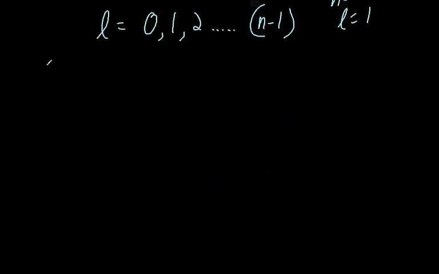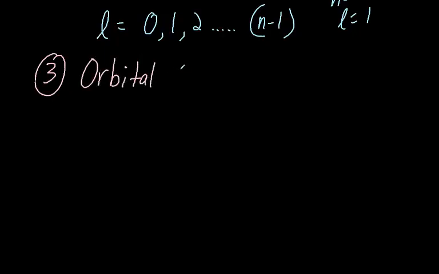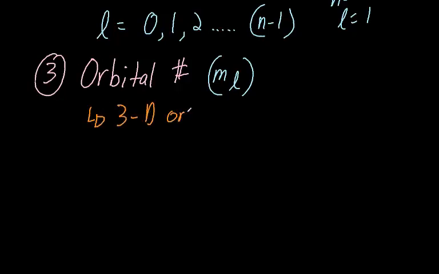Our third quantum number is the orbital number. The orbital number is noted by m sub L, and it basically describes the 3D orientation of the electrons. So what do we mean by that?